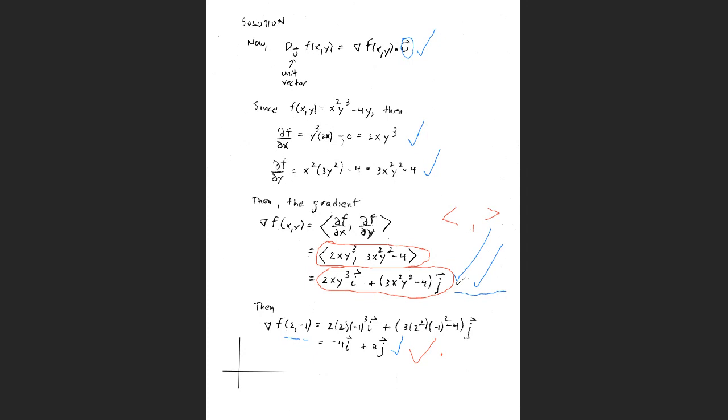So here's X, here's Y. Let's say this here is 2, -1. We're at the point 2, -1. And of course on the surface, well, that's fine.